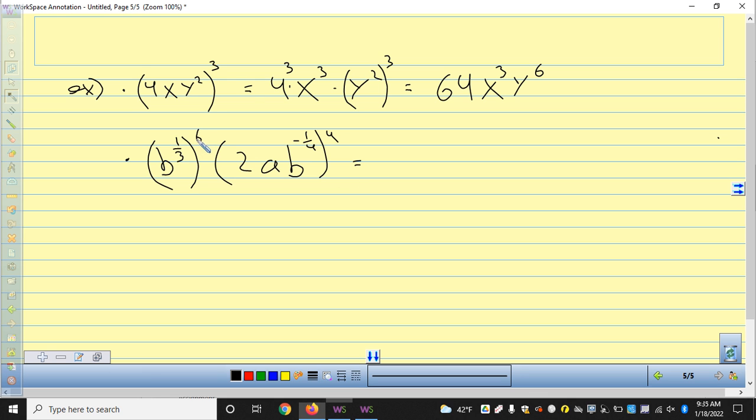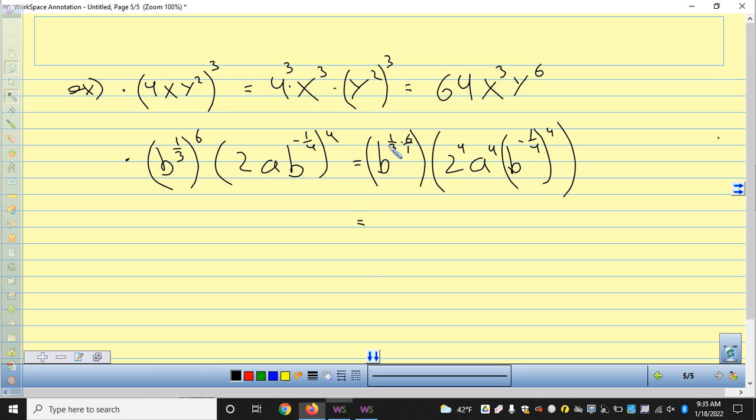What do I do with the exponents? Multiply. So I get b to the 1/3 times 6 over 1. I'll just write it like that. Times, we'll deal with this in just a second. And here I'm going to raise each of these to the 4th power. So I get 2 to the 4th, a to the 4th, and b to the negative 1/4 to the 4th. I'm raising each part to the 4th power.